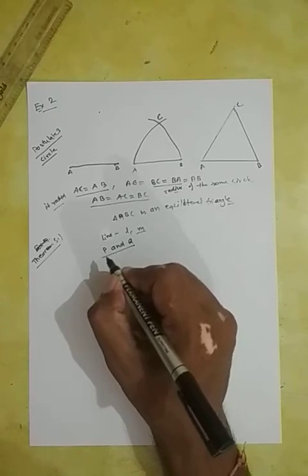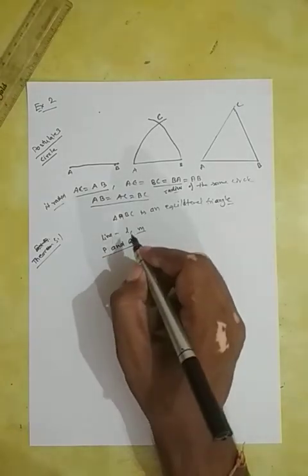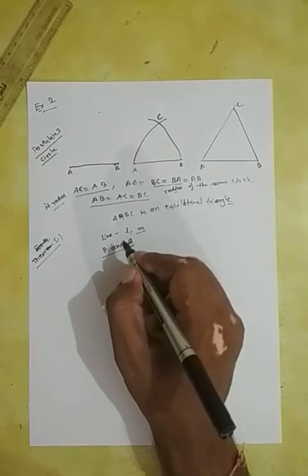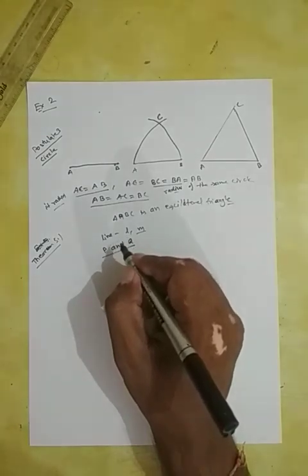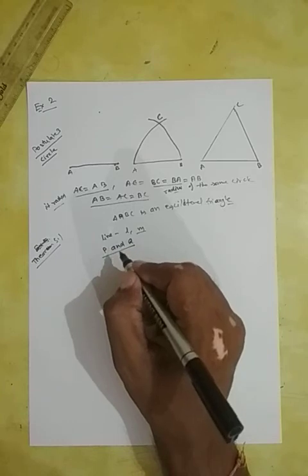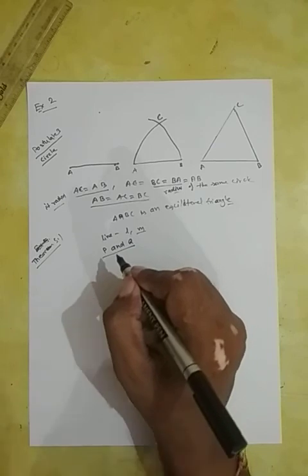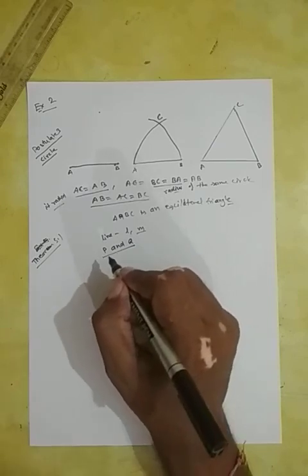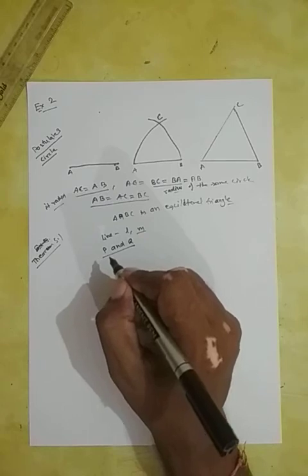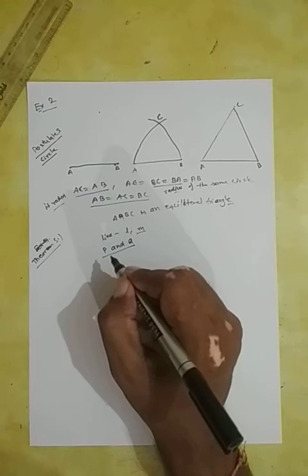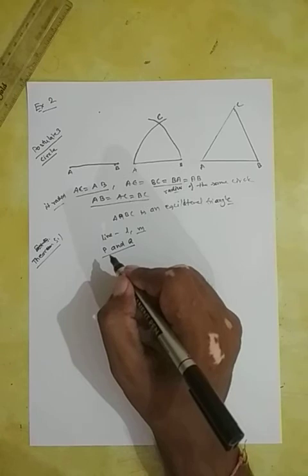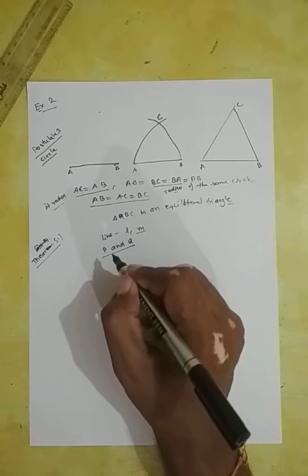If these lines are passing through two distinct points, then that statement is false, or that theorem is false. If these two lines are not passing through two distinct points, then this statement is true.